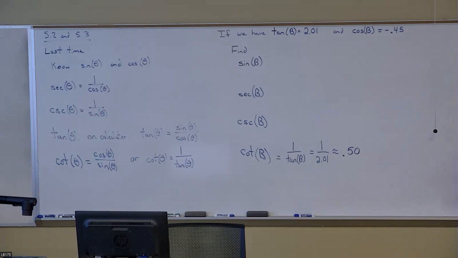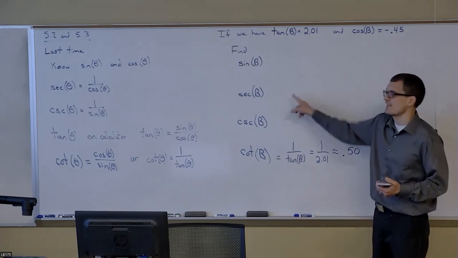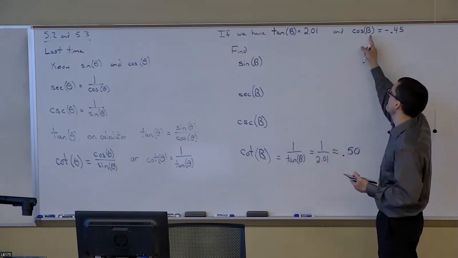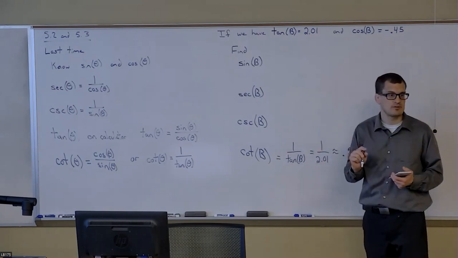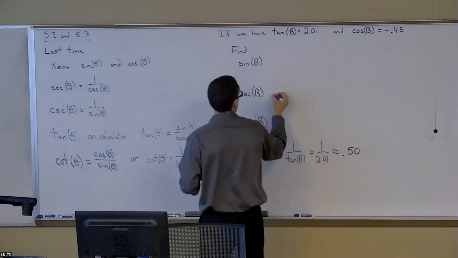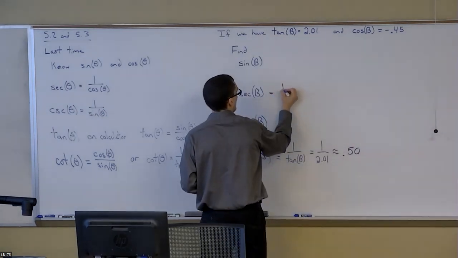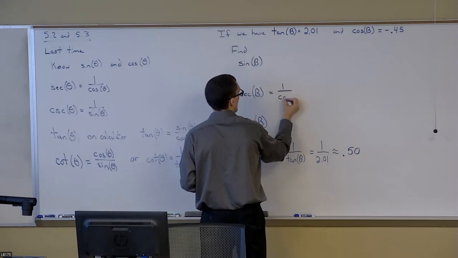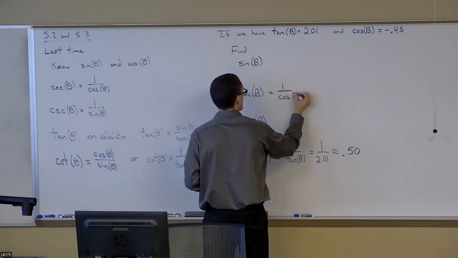Another easy one is the secant, because that's an easy relationship with cosine, right? Secant is 1 over cosine.